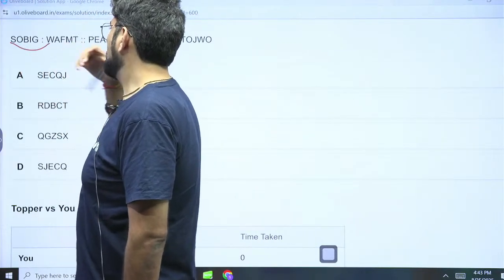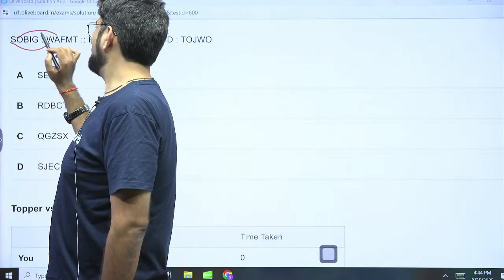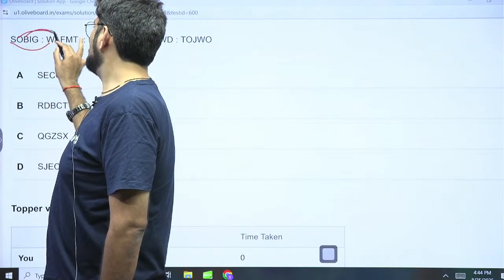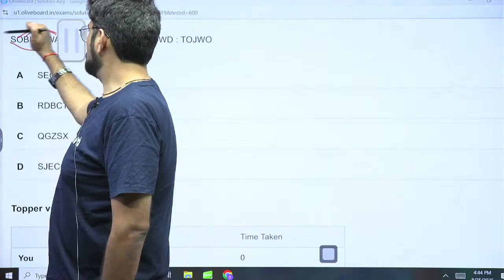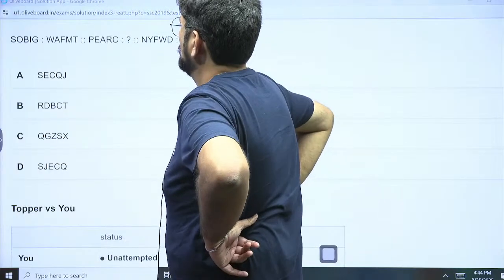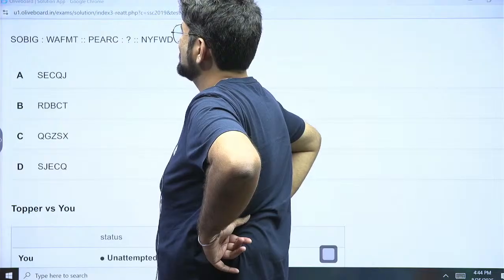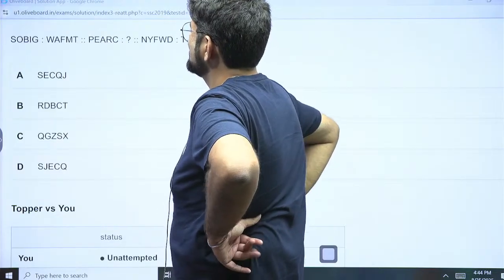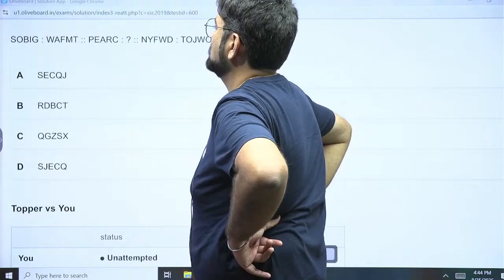19 and 23, plus 4, 15, plus 6, 19 plus 4 and reverse. Is it making sense? No. 19 reverse is H, not making sense.